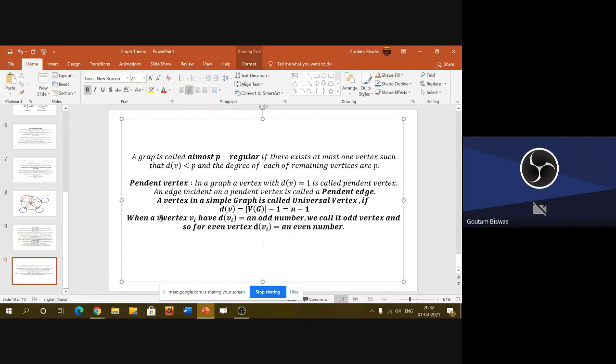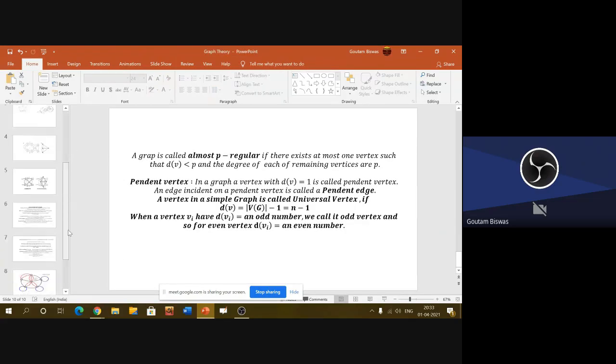When a vertex vi has d(vi) an odd number, we call it an odd vertex, and if the vertex is of even degree, or d(vi) is even, it is an even vertex. So these are the definitions and preparations.